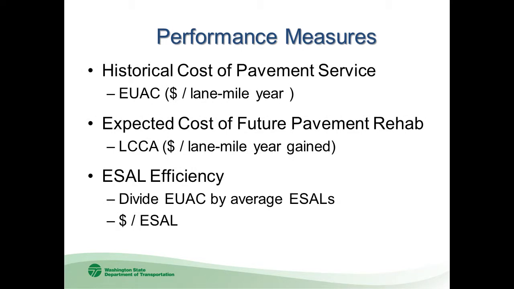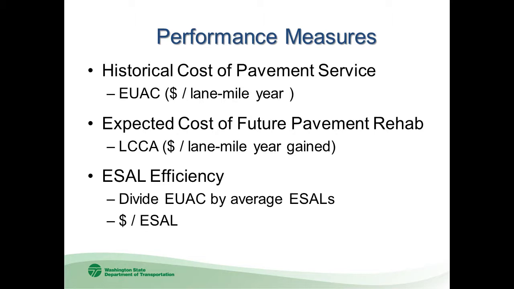Now, for performance measures that we can use with this cost effectiveness, one is looking at it historically. I'll show an example of this, but we should be learning a lot about our past performance, just like any business does: how cost effective have we been, and why, and where can we make improvements.